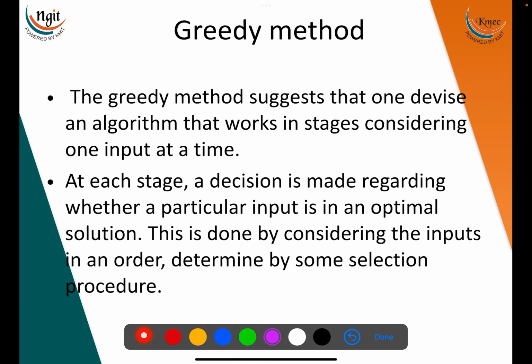The greedy method applies in stages, that means in each stage we find a solution. The greedy method suggests that one devise an algorithm that works in stages, considering one input at a time.